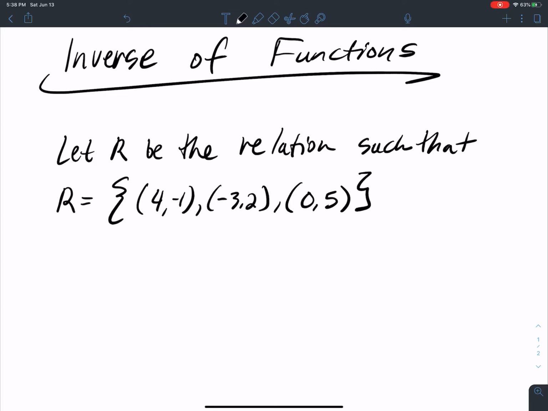So in this video, we're going to talk about inverse functions. I'm going to let R be the relation such that R is the set of three ordered pairs that I have right here.